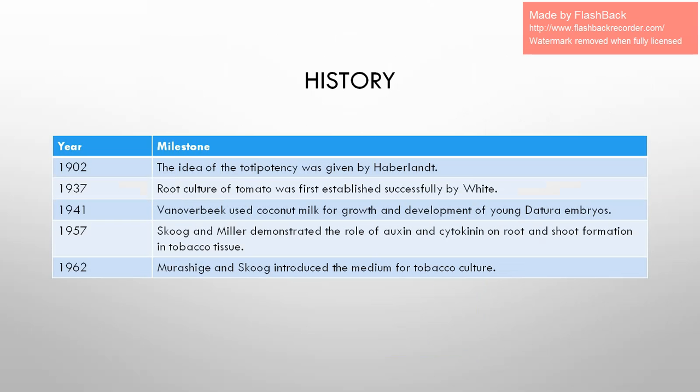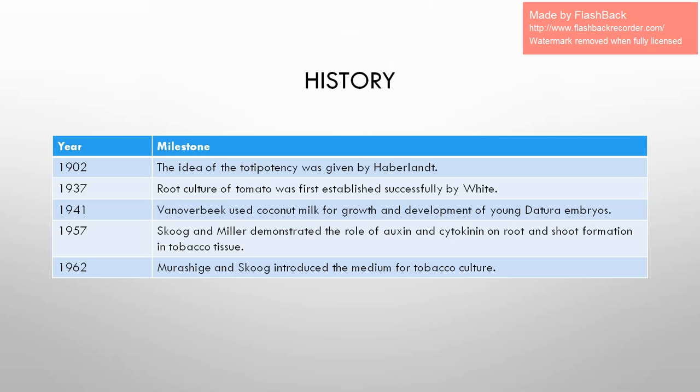Let us see the brief history of plant tissue culture. So, the idea of totipotency was given by Haberlandt in 1902, and in 1937, the root culture of tomato was first established successfully by White.